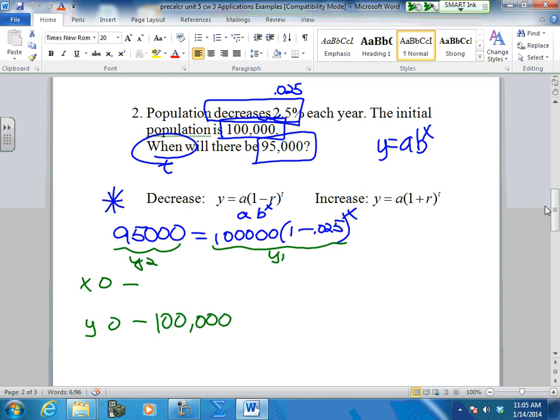No comma. My x represents what part of this equation? What's my x variable represent? Time. Time in days, years, each year. How many is this going to be? Days, years, months? What does my time represent? Year.